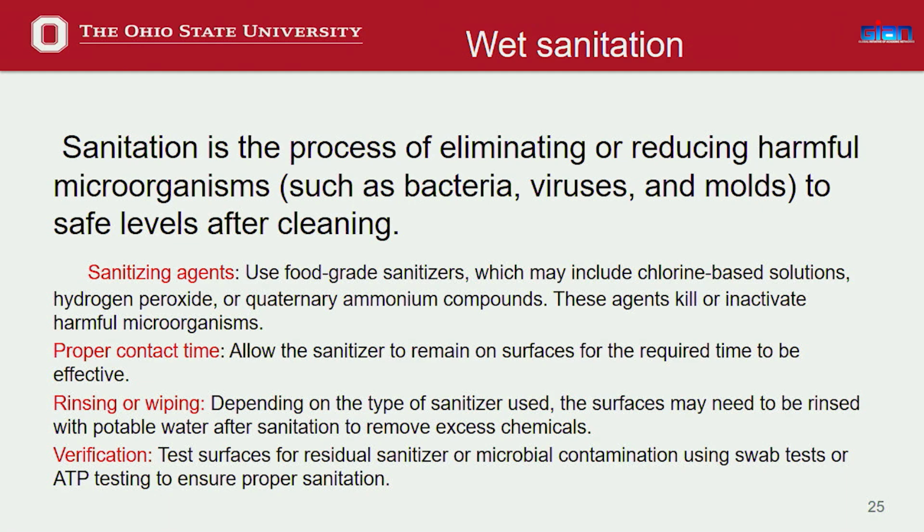Usually the sanitizing agents, which you use for inactivating microorganisms, are typically chlorine based solutions, hydrogen peroxide, and quaternary ammonium compounds. So, they help to inactivate some of the harmful microorganisms. Now, from a consumer perspective, these are all considered chemicals.